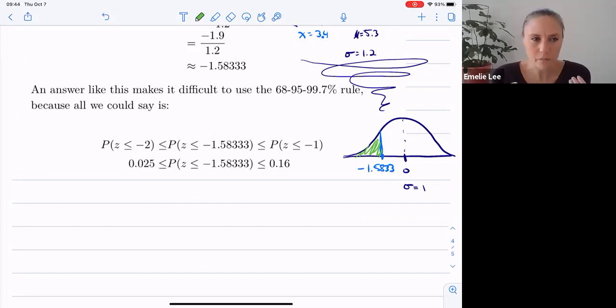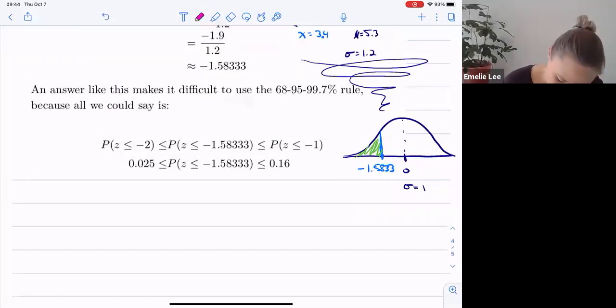So you could just use the 68, 95, 99.7 rule, but we're going to use a Z table. That's what we're building up towards, because what you'll see is that if you have negative 1, well, negative 1 might be here.